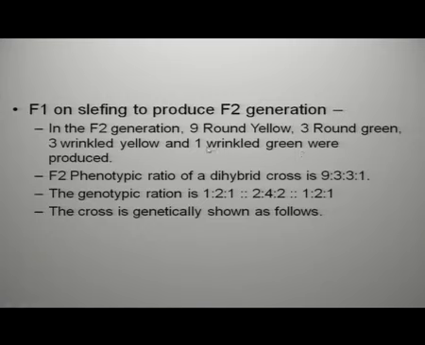That means out of the 16 progenies, 9 by 16 are producing round and yellow seeds, 3 by 16 are producing round and green seeds, 3 by 16 of the F2 progenies are producing wrinkled and yellow seeds, and 1 by 16 of the F2 progenies produces wrinkled and green seeds.